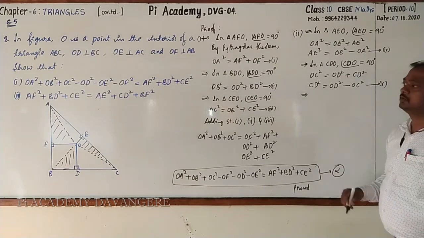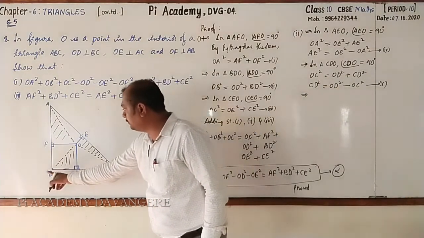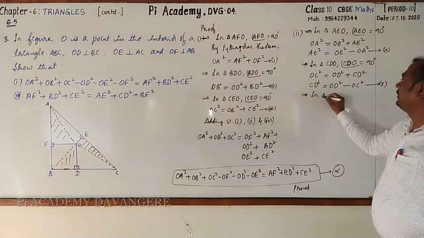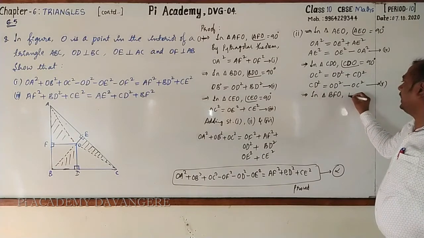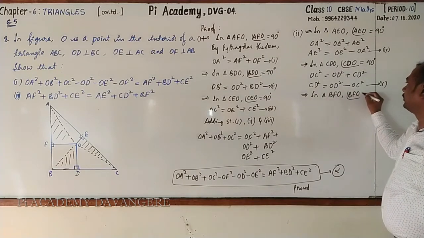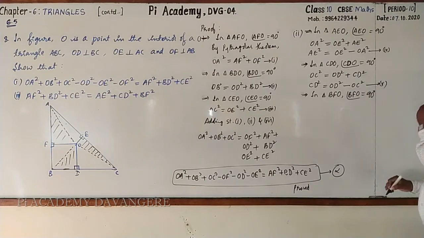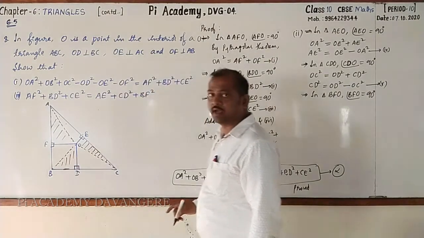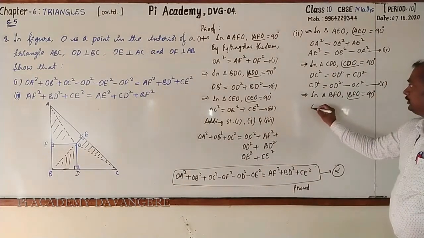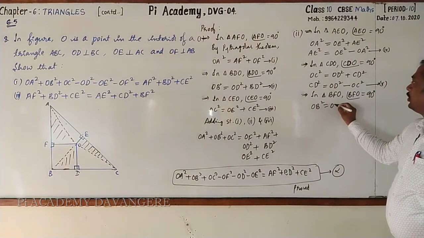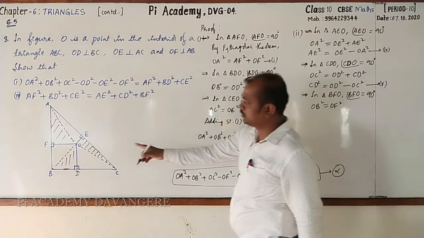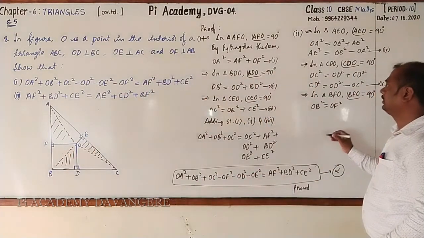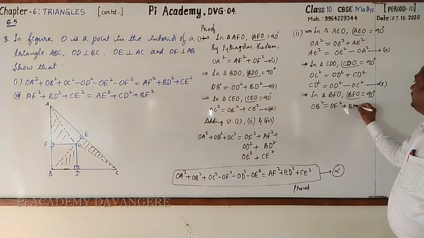Next, another empty triangle, BFO. In triangle BFO, angle BFO is 90 degrees. By using Pythagoras theorem, OB square equal to OF square plus BF square.